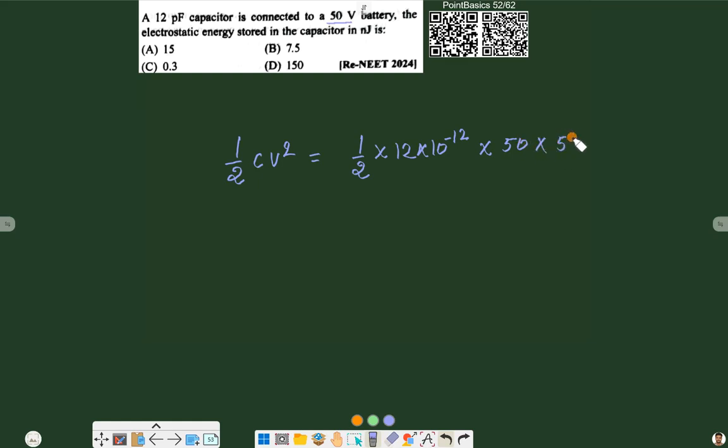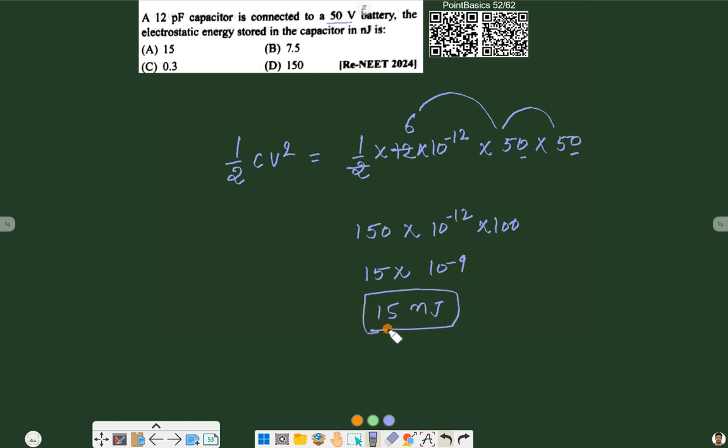So half CV square, we can cut on 6. Now 5 into 6 is 30, into 5 is 150, into 10 raised to power minus 12, and these two zeros, so 100. So this will be 15 into 10 raised to power minus 9, or 15 nanojoule will be the right answer. Option A.